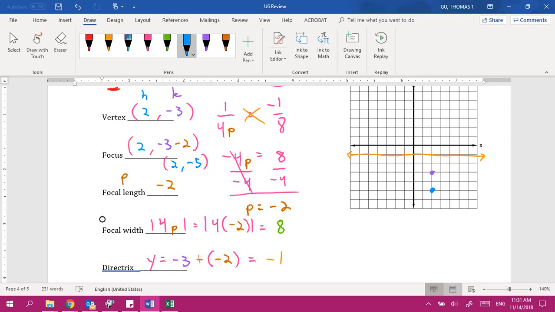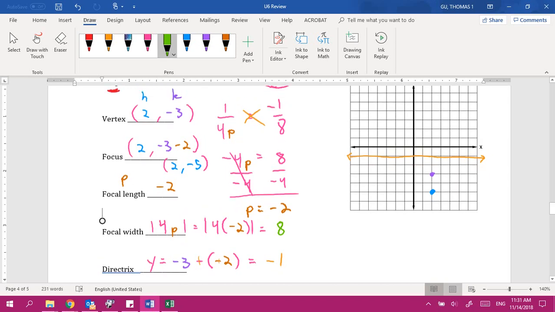How do I find my 2 additional points that I need to actually graph this parabola? Which one of these numbers do we use to find those 2 points? Do you remember?